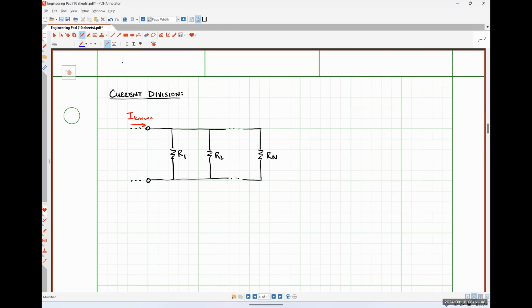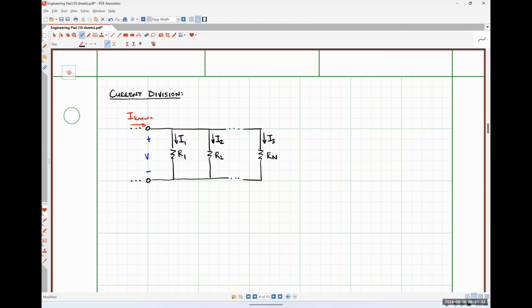Since all of these resistors are connected in parallel, we know that they should have some common voltage across all of them. So I'm just going to call that voltage V. And now I'm going to define all of my resistor currents as flowing down like so. So this will be I1, I2, and I3.